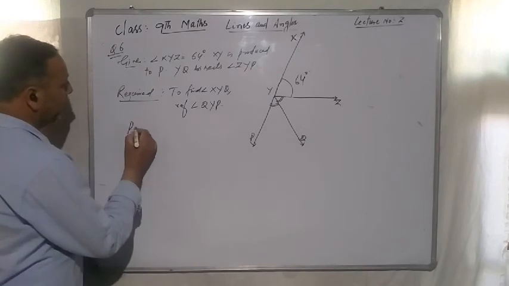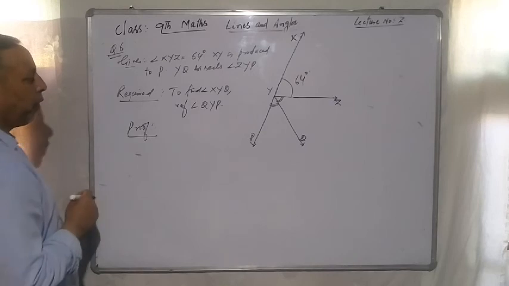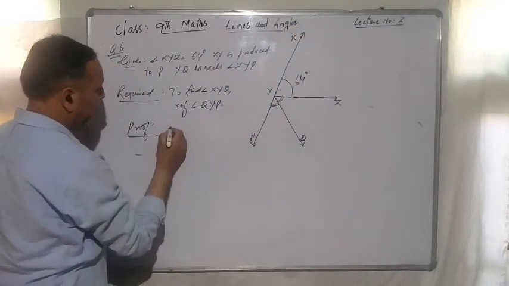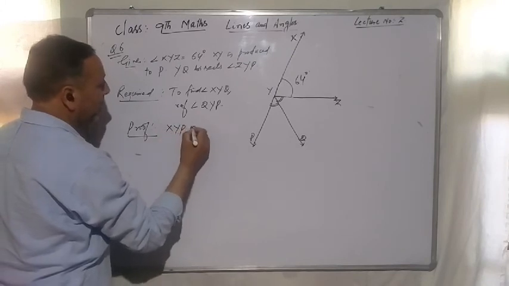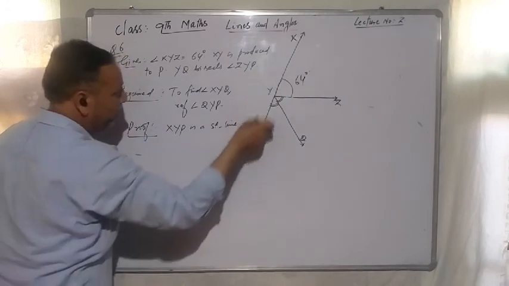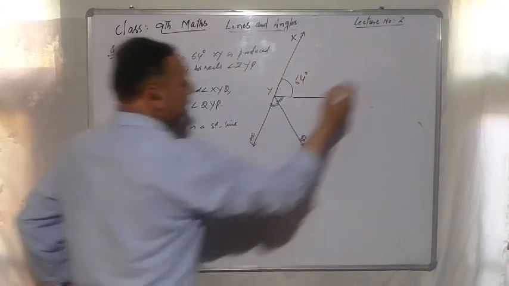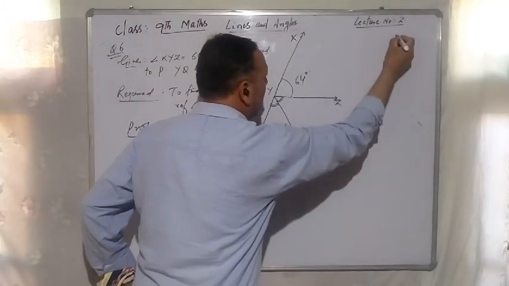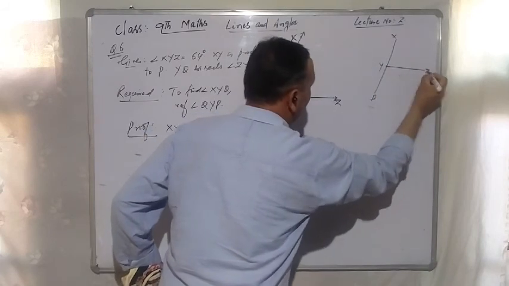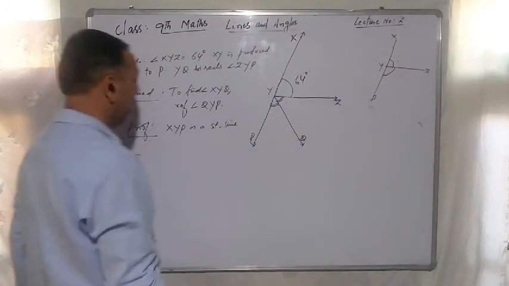Now, let us see the proof here. Now, clearly XYP is a straight line, and ray YZ stands on it. Therefore, this angle plus this angle will be 180 degree.